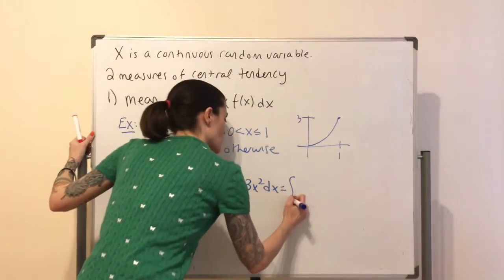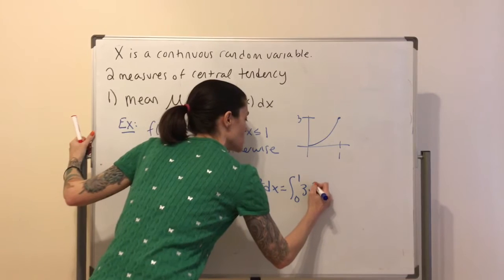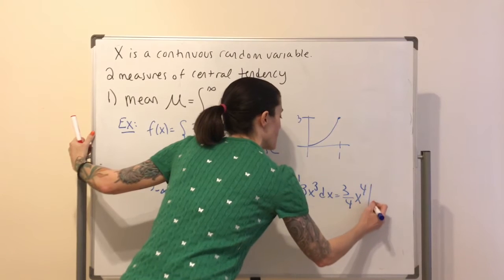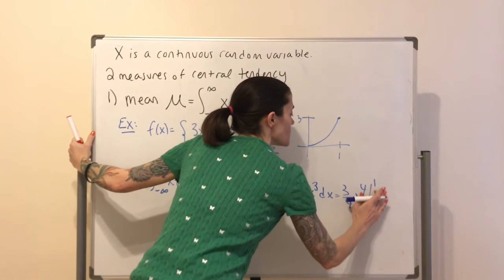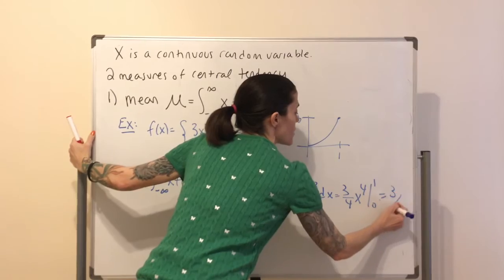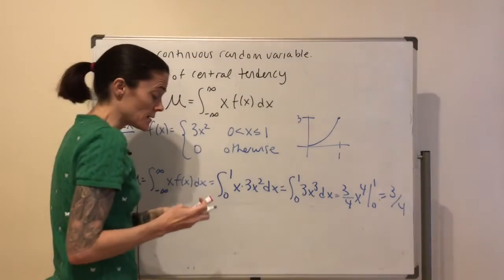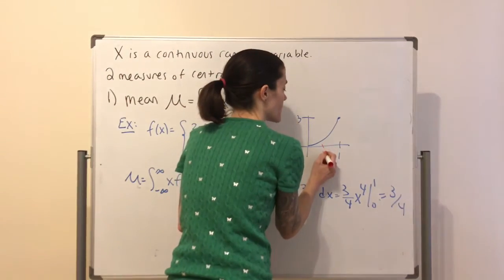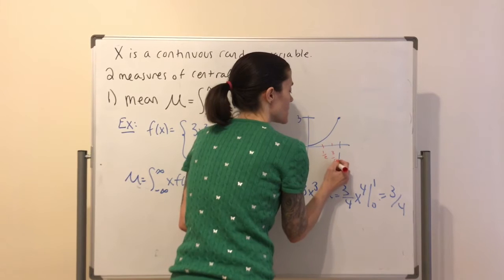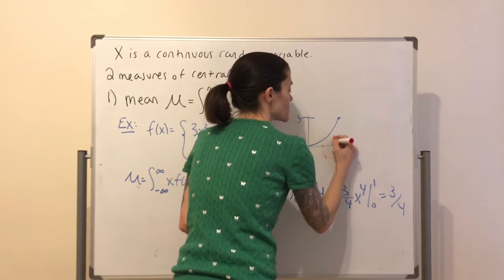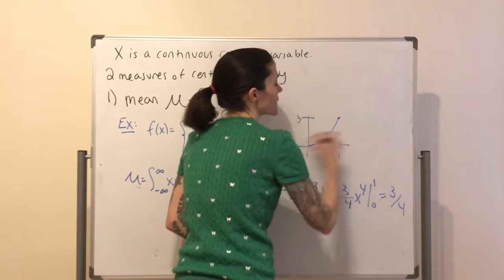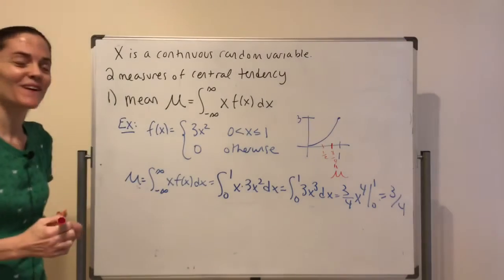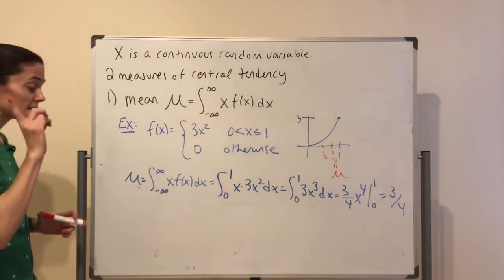And this gives me the integral of 3x cubed. We get 3/4. So our mean, which is just one measure of central tendency. If we have a half here and 3/4 here, it would be here. If we think about a wire with this density, this is mu, 3/4. Okay, this is the mean.